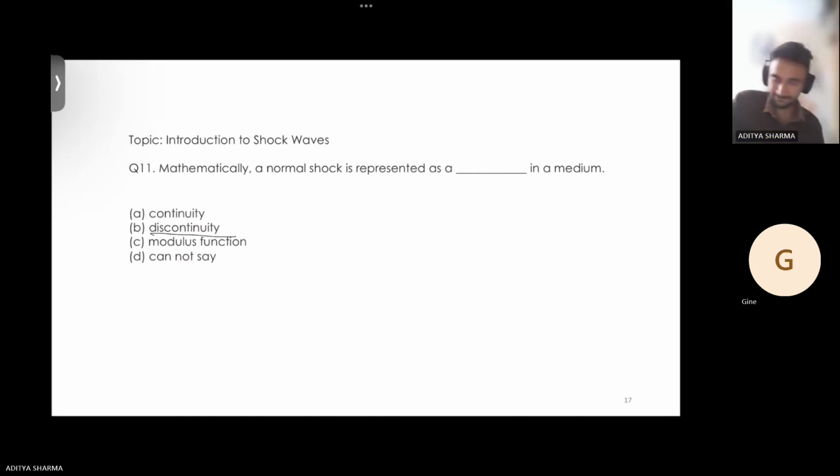So why do we need to consider this as a discontinuity, if this is the correct answer? But before that, we shall see all other options.